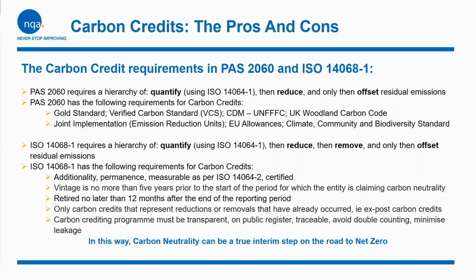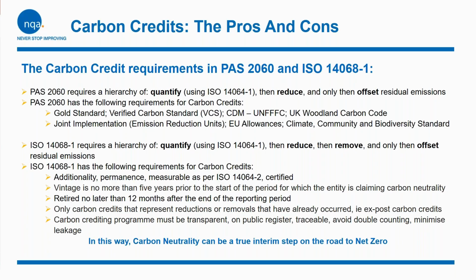Under ISO 14068-1, it requires a hierarchy of quantify using ISO 14064-1, then reduce, then remove, and only then offset residual emissions. So ISO 14068-1 has the following requirements for carbon credits: additionality, permanence, measurable as per ISO 14064-2, certified.